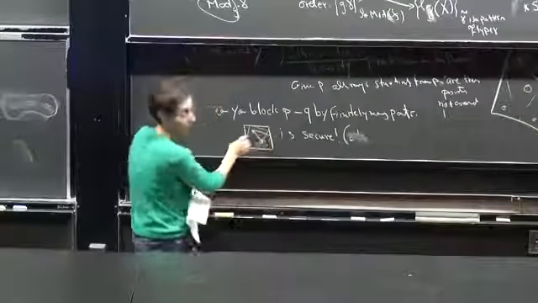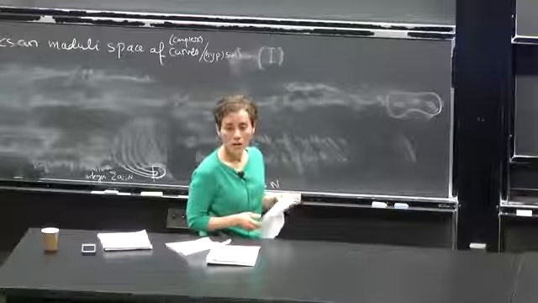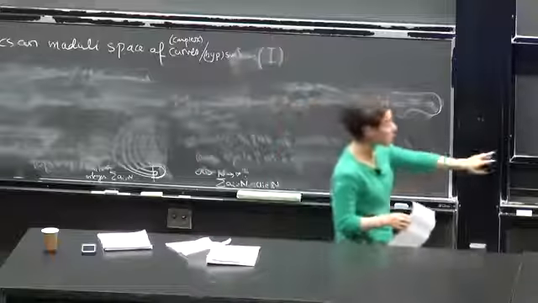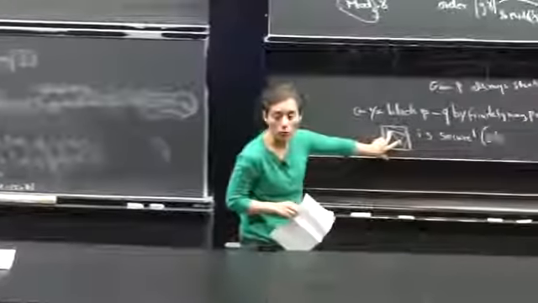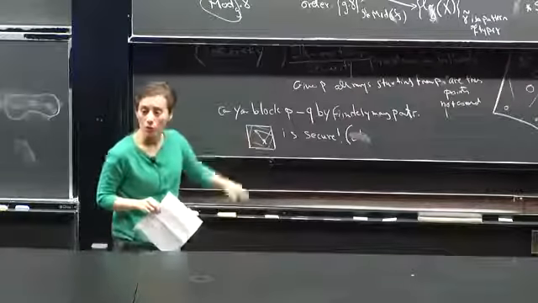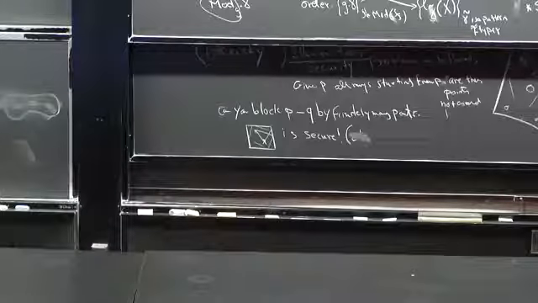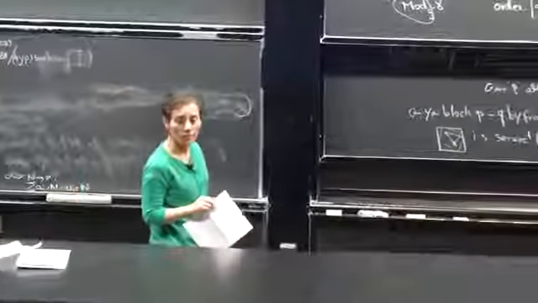And then end up at the other point. These 2 points are fixed. And the question is if you can find finitely many points so that any way you go from this point to this point, you go through one of the finitely many points. And this one is very simple to find.